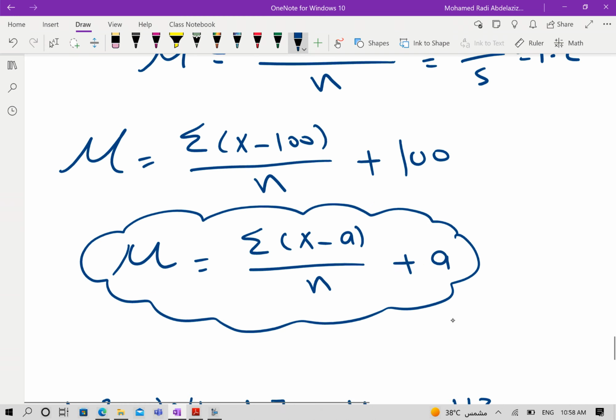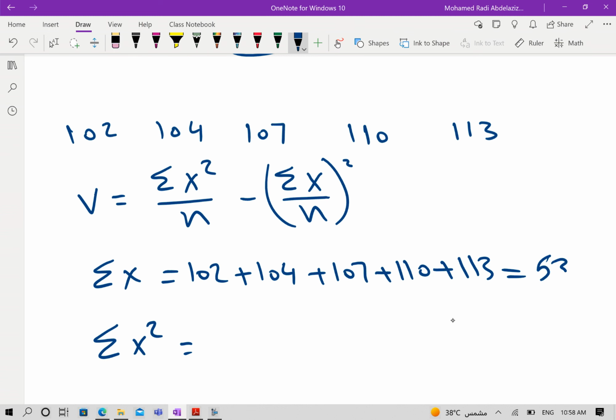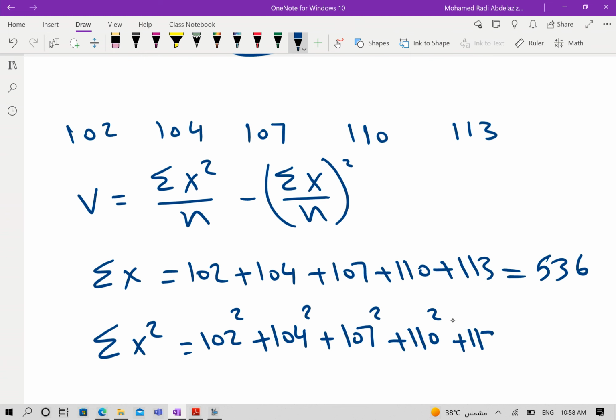So the answer is 536. Square it: 102 squared, 104 squared, 107 squared, 110 squared, 113 squared.